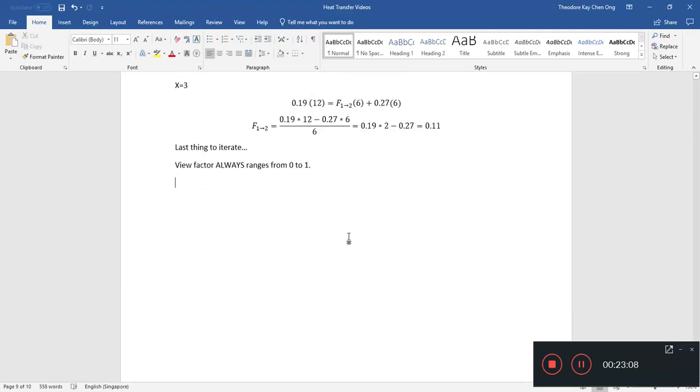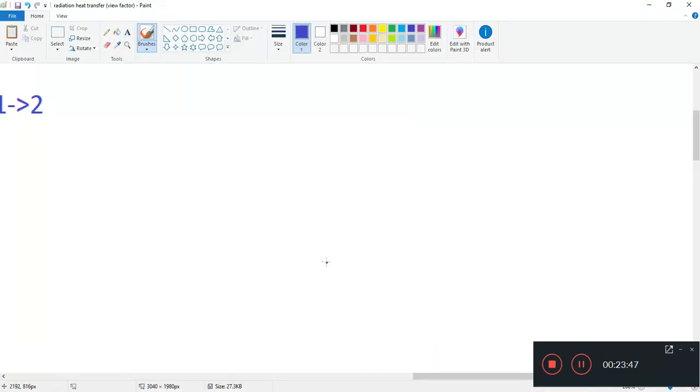Well, the simple explanation is because view factor actually correlates the power received by the second body, let's call it body 2, from body 1, compared to the entire power emitted by body 1. That's the rough idea you get here.